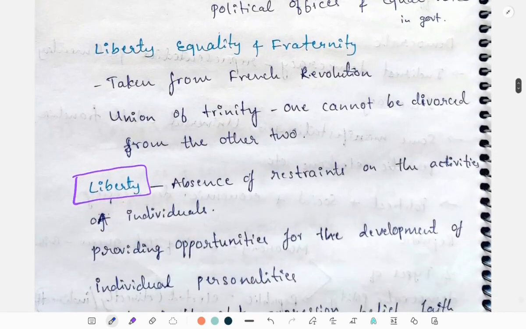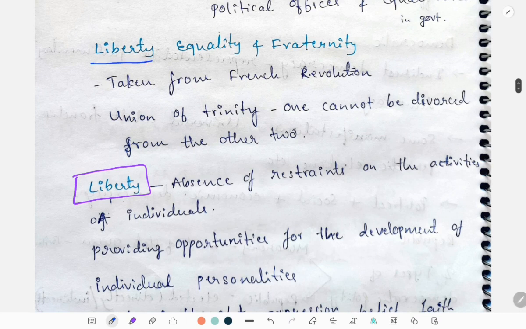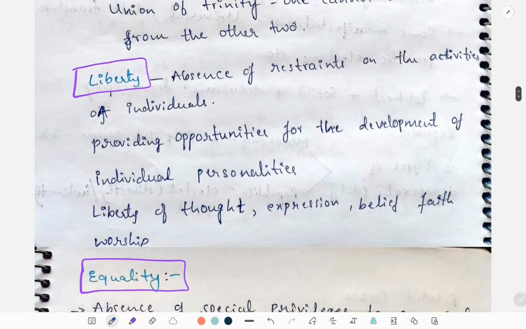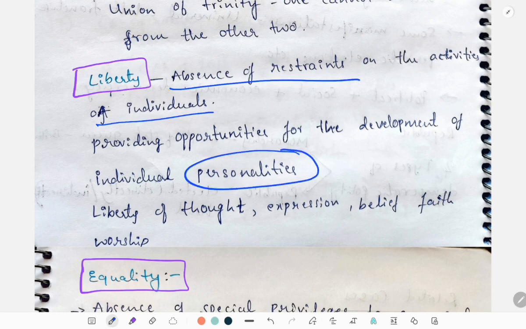Next, liberty, equality and fraternity are taken from the French Revolution. They form a union of trinity; one cannot be divorced from the other two. Liberty is the absence of restrictions on the activities of individuals, providing opportunities for the development of individual personalities.